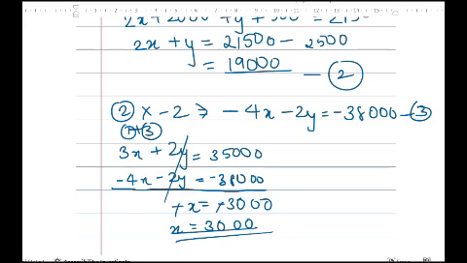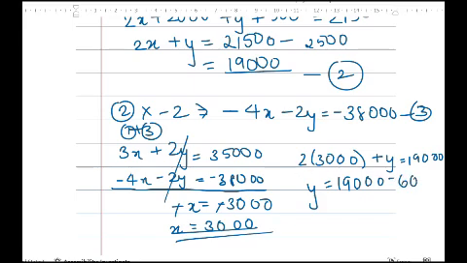Now remember, you've only found the cost of a TV set. To find the cost of a VCR, you'll use equation 2. So from 2, what you get is 2 into 3,000 plus y is equal to 19,000. Now from this, y is equal to 19,000 minus this 2 into 3,000 goes to the other side, becomes minus 6,000.